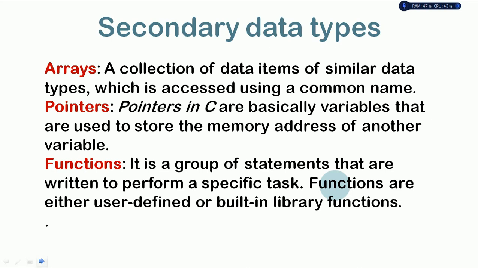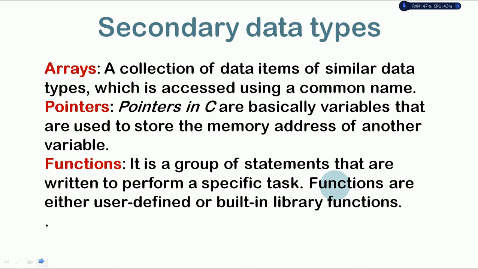Then the next one is functions, which is the last one of your secondary data types. These functions are nothing but your user defined functions or predefined functions, like your main function or sub function, which I explained in the previous video.